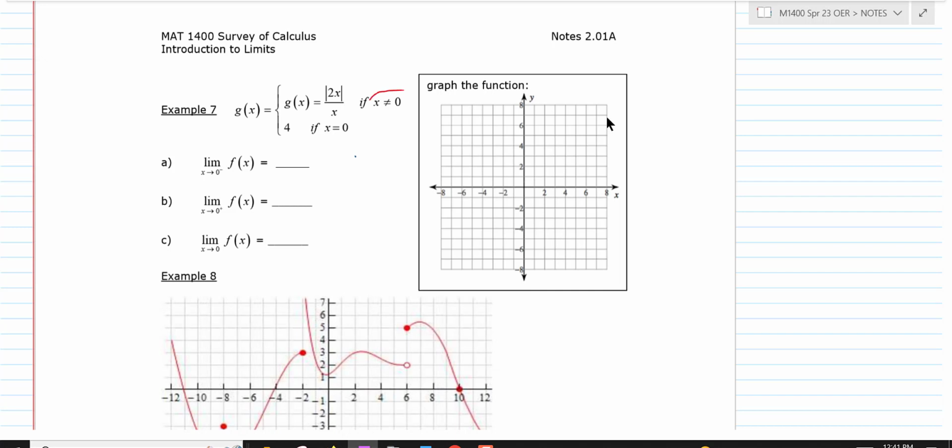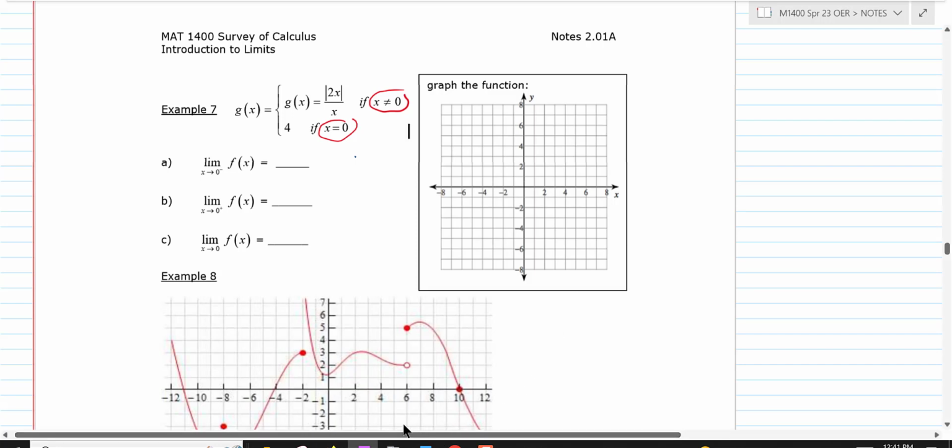What's different about this one is it says if x is not equal to 0, then you're on this graph. And if x is equal to 0, then you're on the graph of y equals 4, which is a horizontal line. This one might be a little bit tricky for you, but you'll see something like this on your WebWork homework.